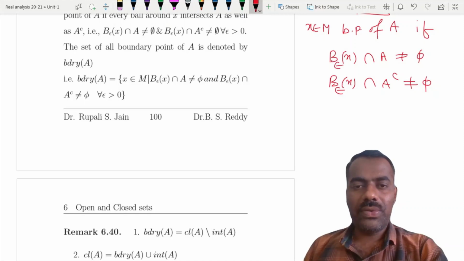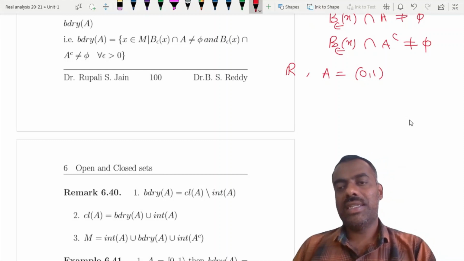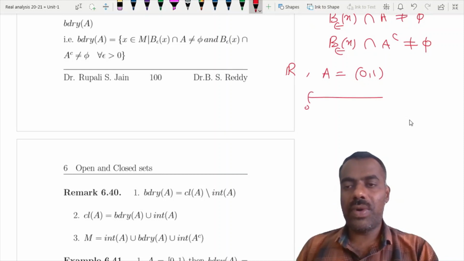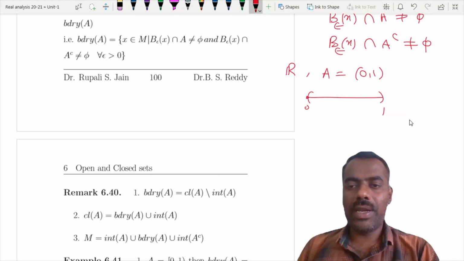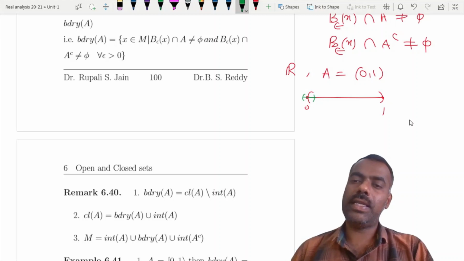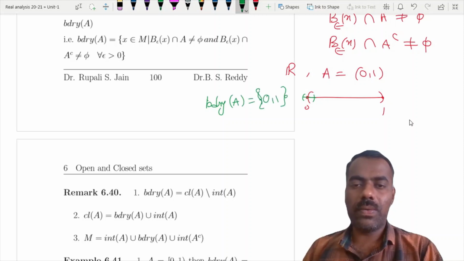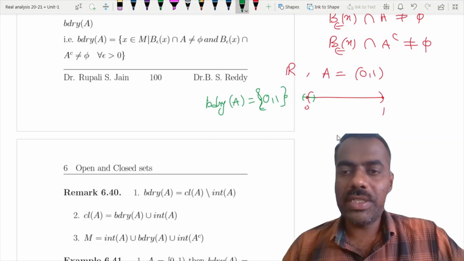For example, take the real line R, and let A be the open interval (0, 1). Then 0 is a boundary point as well as 1, because however small a ball you take, it has some part outside A and some part inside A. So the boundary of A is the set {0, 1}.